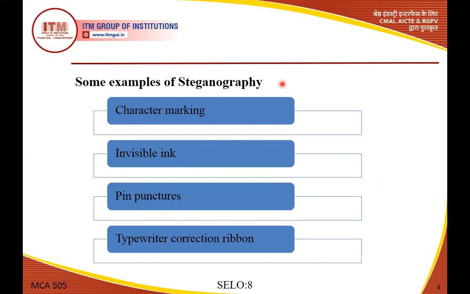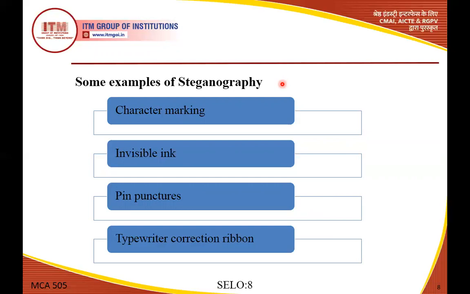First is character marking. What is character marking? In character marking, selected letters of printed or typewritten text are overwritten in pencil.